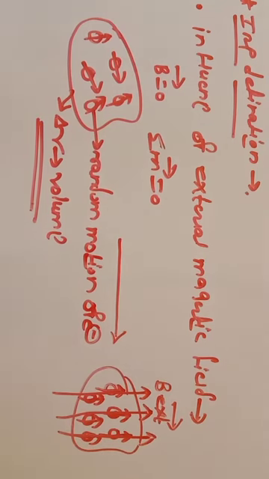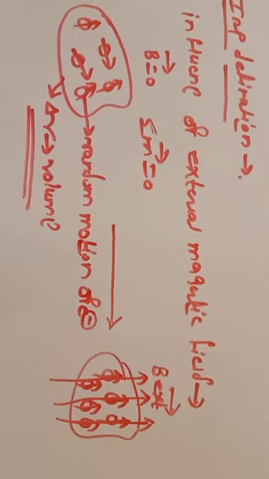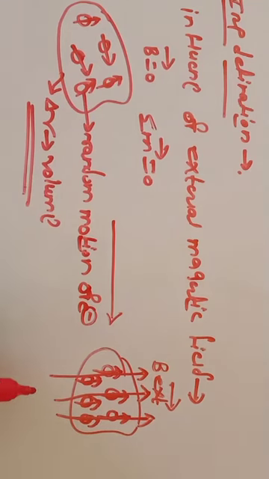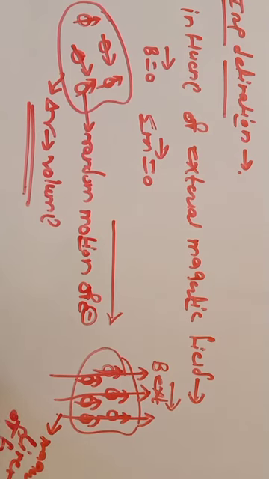These are the magnetic lines of force. The direction of the electrons' random motion gets changed. The direction of the electrons and the direction of the magnetic field become the same, that is, alignment. So we can say that they more or less align themselves with the applied magnetic field.